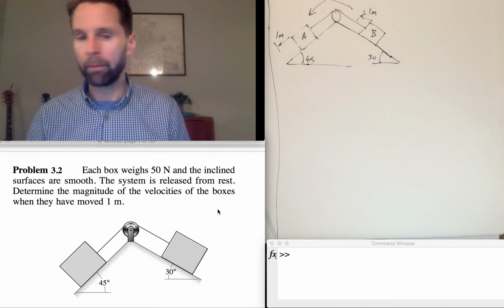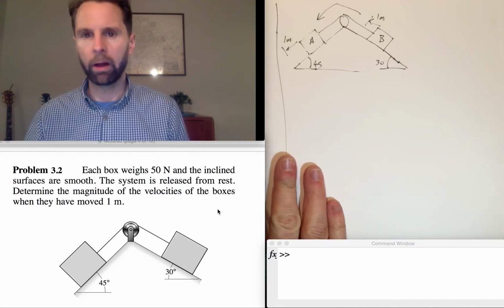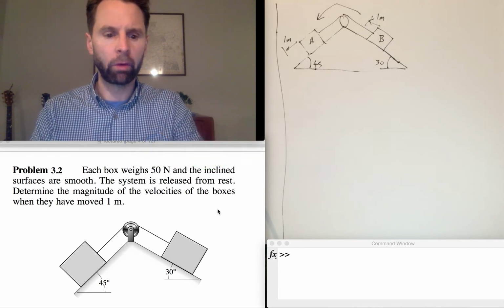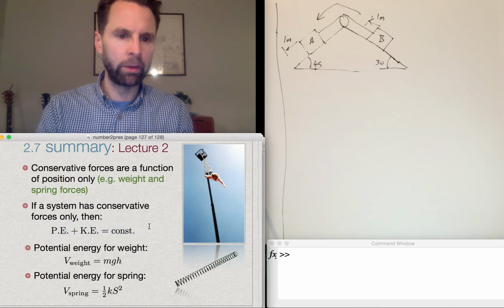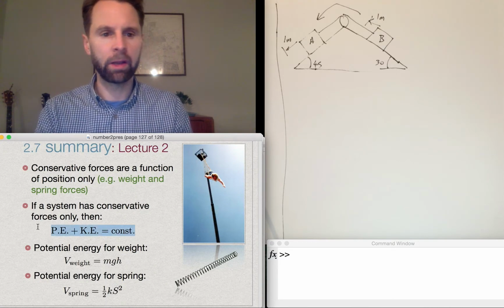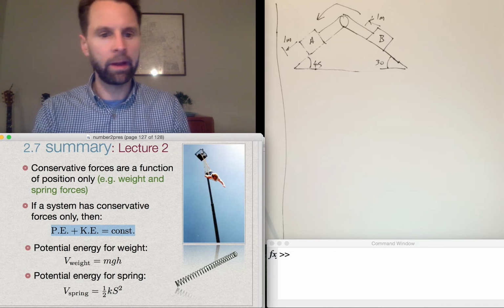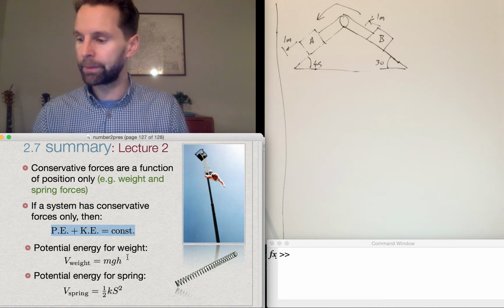Anyway, tackling this sort of problem, we're going to use our simple expression for conservation of energy, which is at the end of what we introduced in lecture 2, and this is a summary slide. Potential energy plus the kinetic energy is constant, and this is the expression for the potential energy for weight that we'll use.